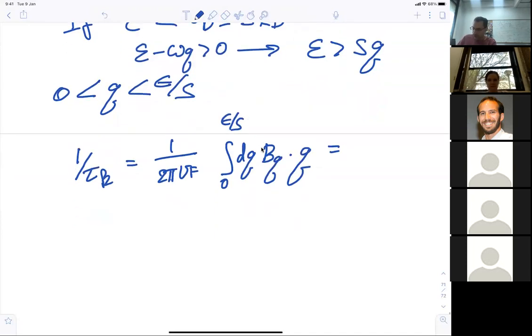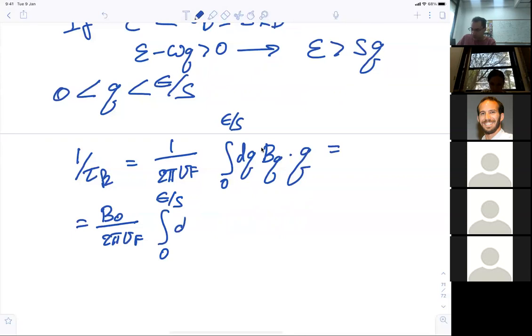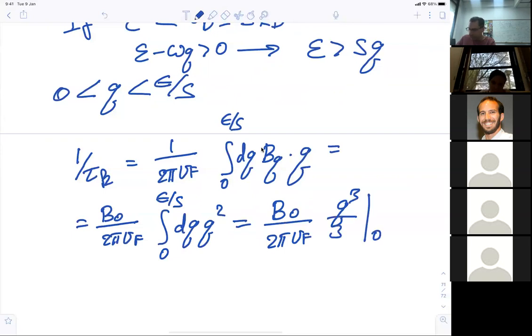This is b0 over 2 pi v Fermi, integral from 0 to e over s dq q square, and this is equal to b0 over 2 pi v Fermi, q cube over 3 from 0 to e over s.